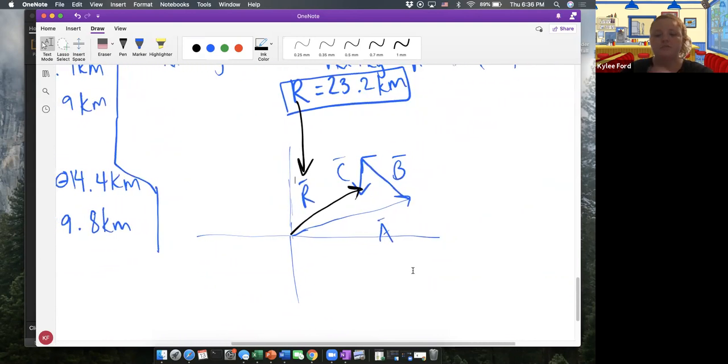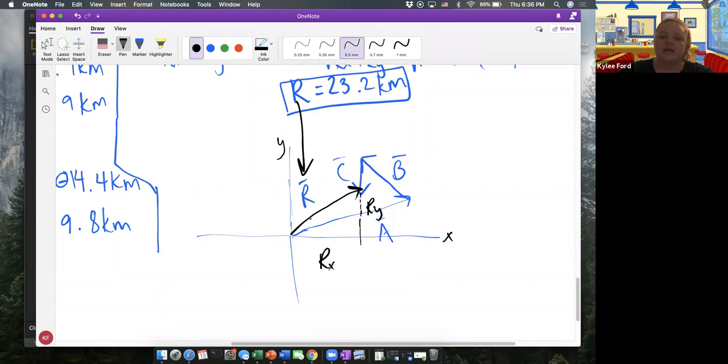Okay, now, again, I want to know my direction. So if I ignore the C and the B and the A, I can look at this whole picture here. I know that this is Y again, this is X. This component is my Ry, and this component along the x-axis is Rx.